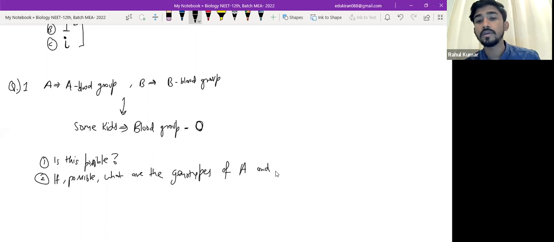Okay, A and B. And what will be the genotypic and phenotypic ratio in generation 1? This is F1, this is parent.